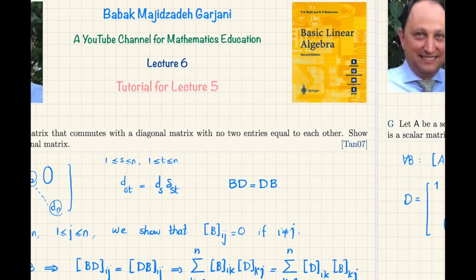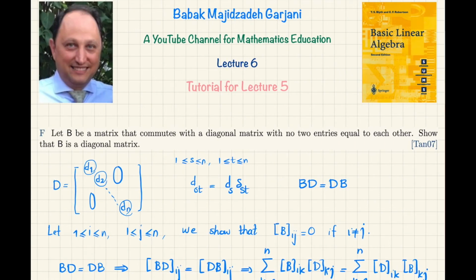So you see this problem here, if I give this matrix the name A: if I have a matrix which commutes with a diagonal matrix with no equal entries, then that matrix itself has to be a diagonal matrix.